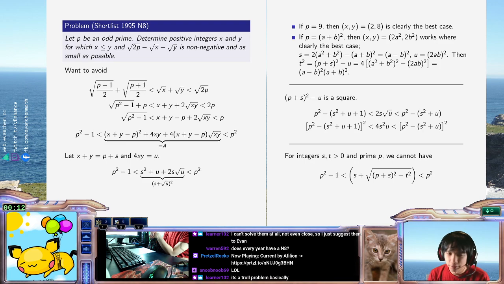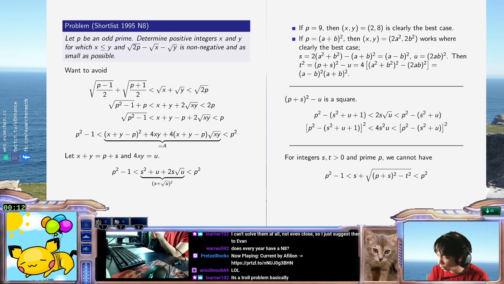Yeah, I feel like there's some Pythagorean magic happening here, and I can't pin my finger on it. But these are Pythagorean triples. It's this thing. Yeah, there's some Pythagorean magic happening here.